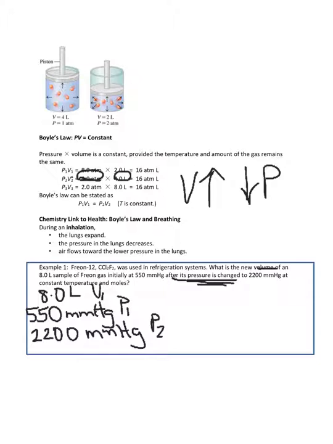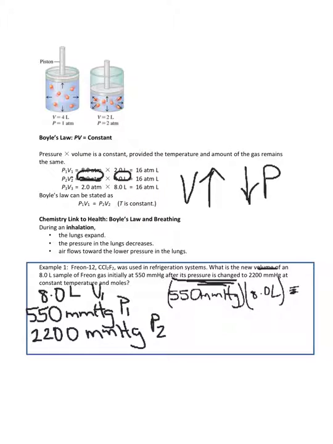So P1 times V1 equals P2 times V2. So let's put this in our equation here. We have P1 is 550, keeping track of our units, mmHg, times V1 is 8 liters, equals V2, which we don't know, times P2.